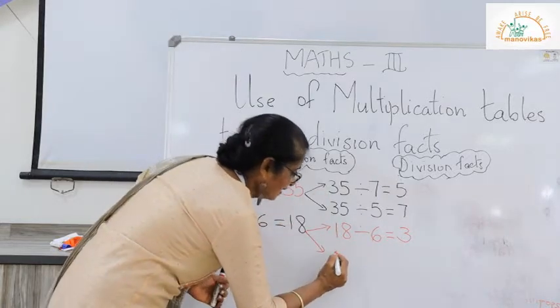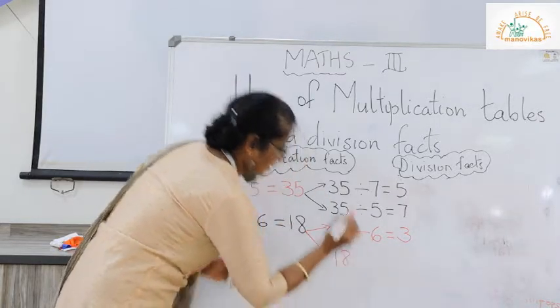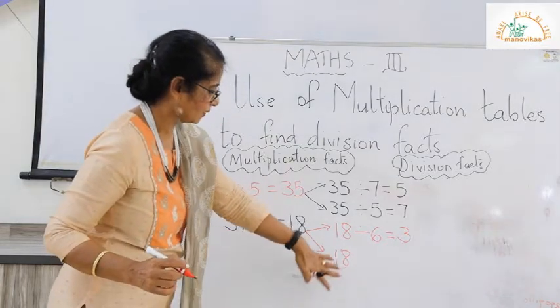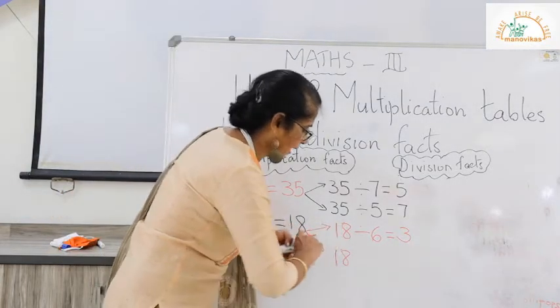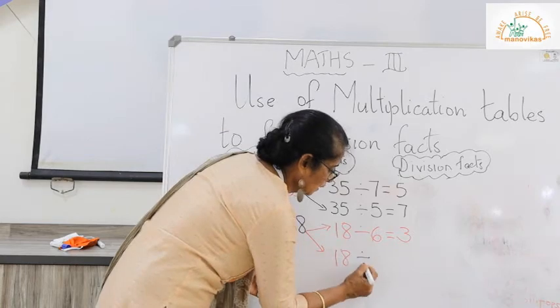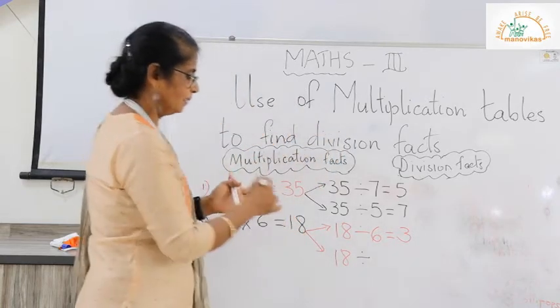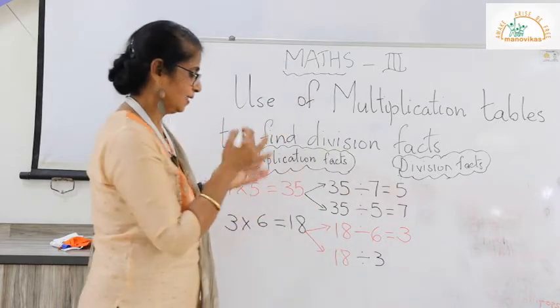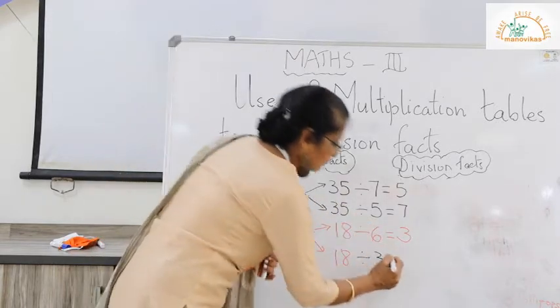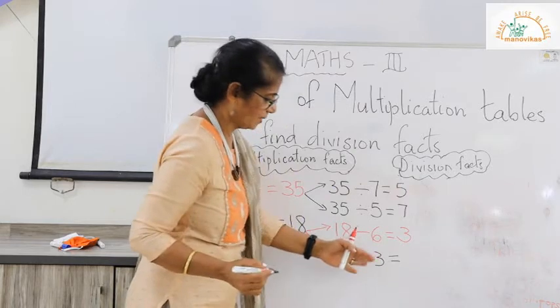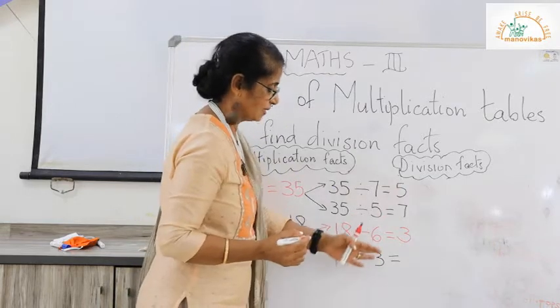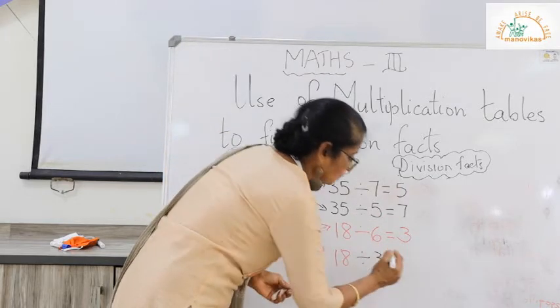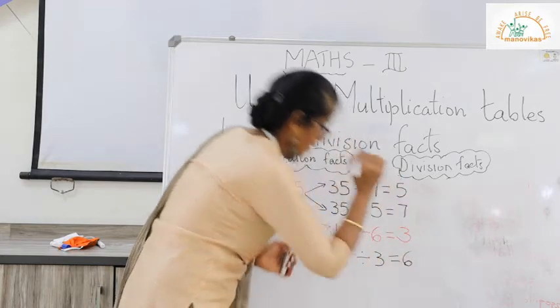If we take 18 again as the dividend, and put the division sign, now we take the number 3 as the divisor, and it will be equal to 6.